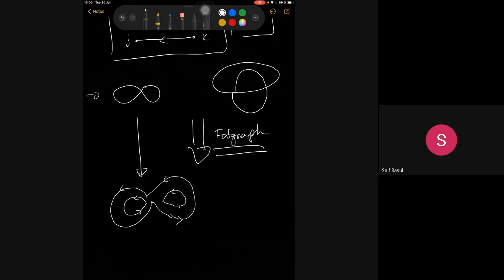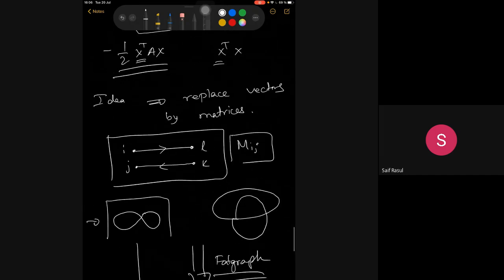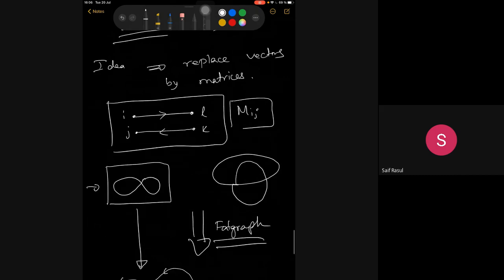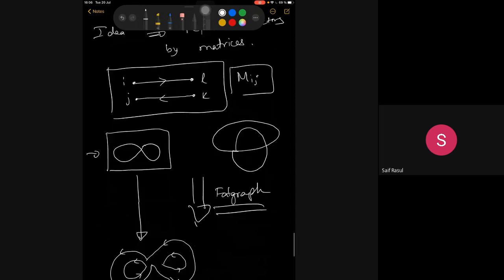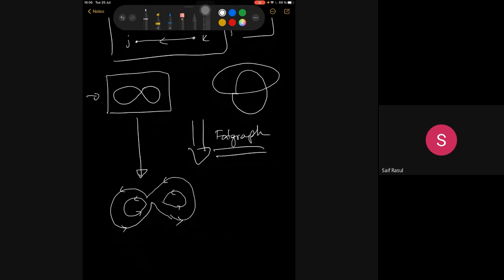So this is the double line notation. Previously, our graph was something like this. Now, in the double line notation, since we are getting rid of the vector concept and replacing it by the matrix concept, only in the hope that we can count the number of faces, this graph becomes something like this.